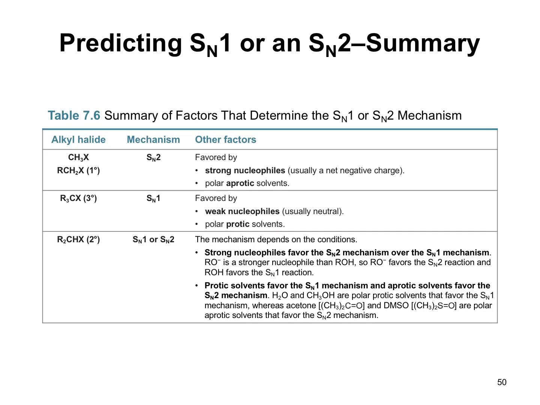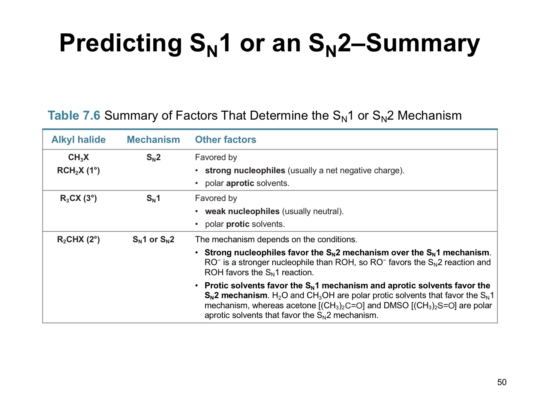So here is a summary table of the factors that determine whether it's going to be an SN1 or an SN2 mechanism. When we look at this, the most important factor is what type of alkyl halide it is. And so if it's primary or methyl, it's going to be an SN2. If it's tertiary, it's going to be an SN1. And if it's secondary, it's going to be an SN1 or an SN2, and the mechanism here really depends on the conditions.